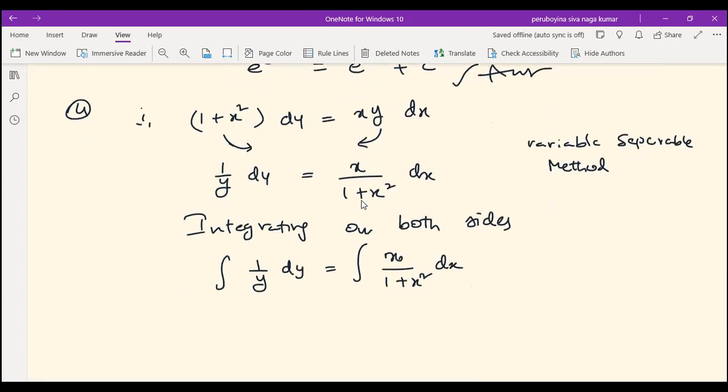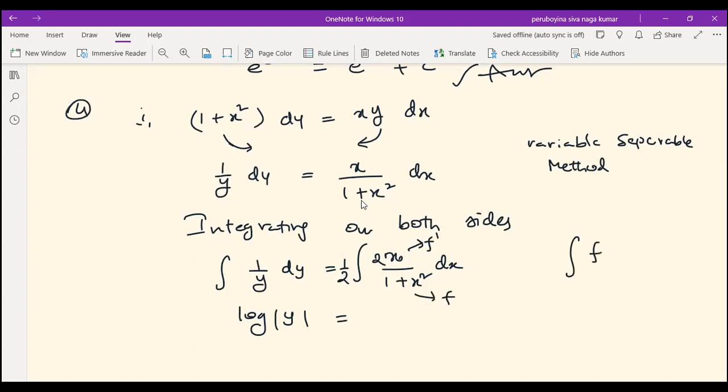Integral of 1 by y dy is log mod y. For the right side, we will multiply and divide with 2. Why? Look at the denominator. If you differentiate the denominator, you get this numerator. It is in the format of f dash x by f of x.